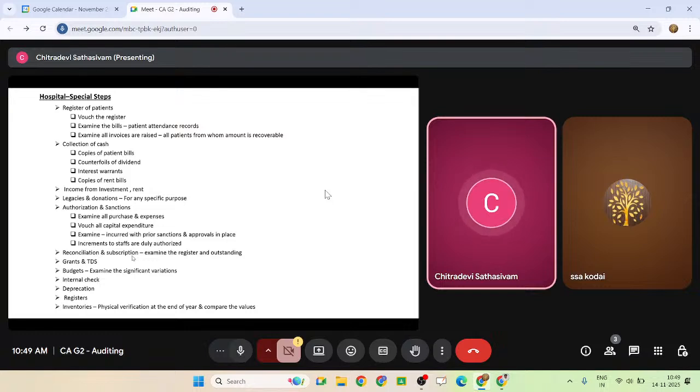See, in every question there are important points to be covered, like general consideration and special consideration. General consideration, everyone can give the basic points. The special consideration is what special aspects you consider during the course of a case. The most important things for a hospital are the register of patients, inventories, legacies and donations, grants. These are the key areas.